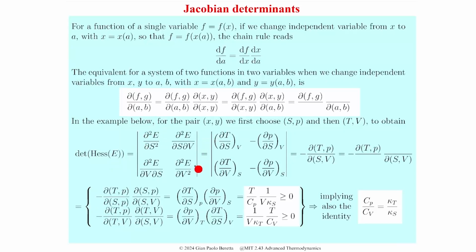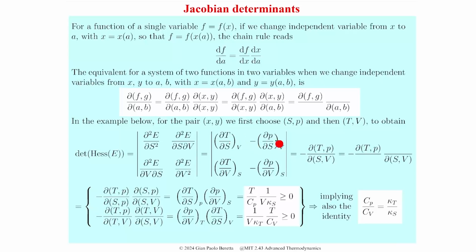So it's the matrix of the second order derivatives of energy with respect to entropy and volume. Now, since we remember that the first derivative of E with respect to S is the temperature, you can also write them in terms of the conjugate variables, temperature for entropy, minus the pressure for volume. Okay, so this is just applying those definitions.